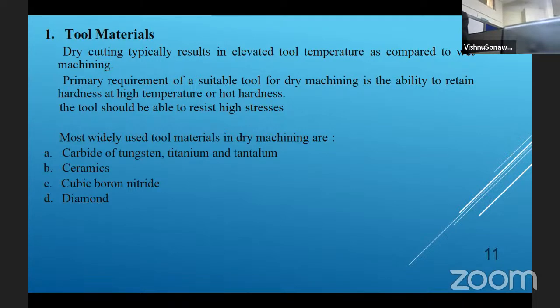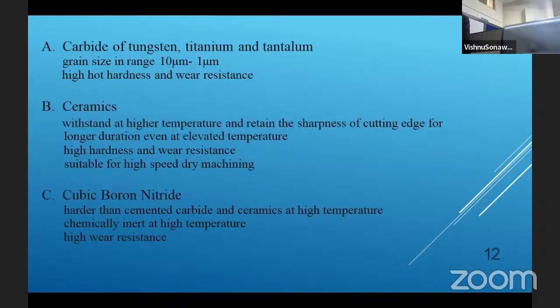These cutting tool materials are used in dry machining to retain hardness at high temperature, or hot hardness, and to resist high stresses. This is the main challenging task in dry machining, right?